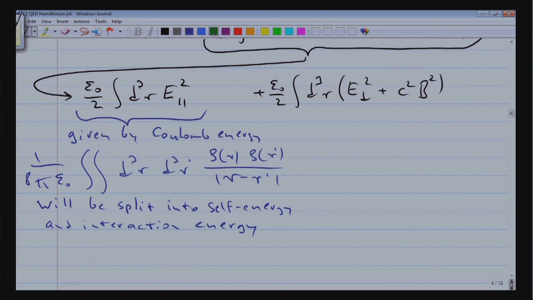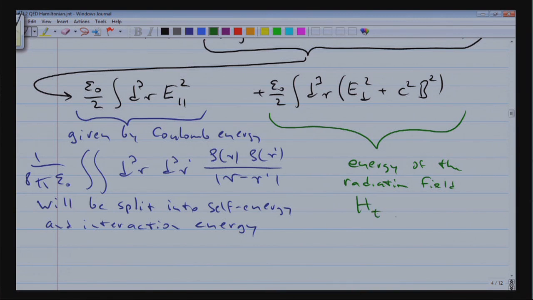So in other words, we know how to deal with that. This actually becomes atomic structure. This is in contrast to this part here, which is the classical energy of the radiation field, which is sort of the transverse part of the energy.